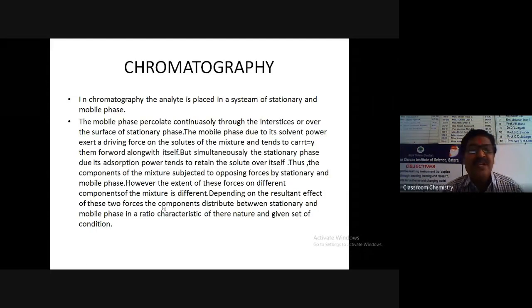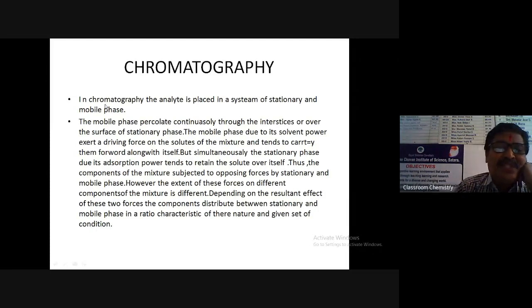So you see, there are two phases which are working in chromatography. One is known as the stationary phase, another is known as the mobile phase.